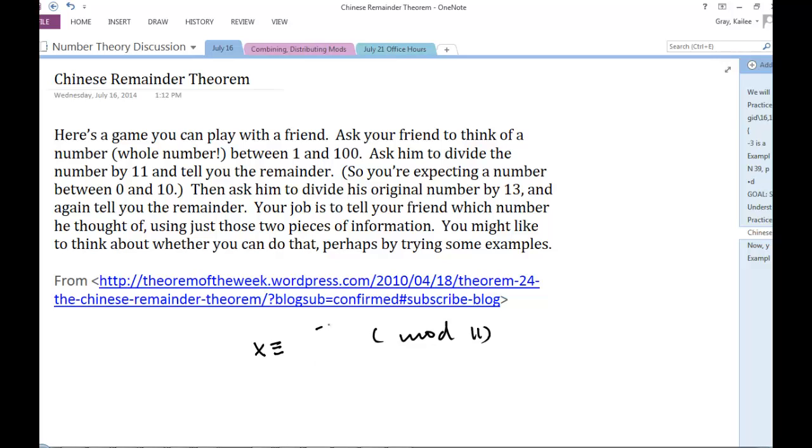5. Okay, now instead of 11, still thinking about that same number that you thought of in the beginning, do it with 13. So you're going to think about your multiples of 13 and which one gets you closest to your number.